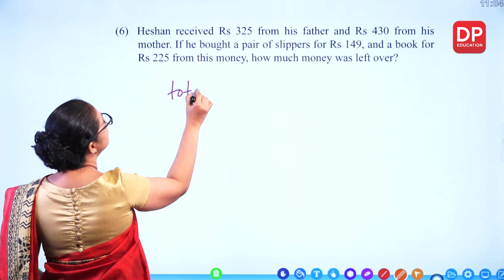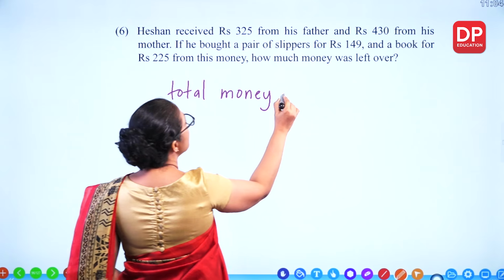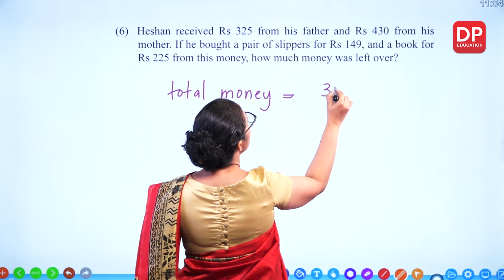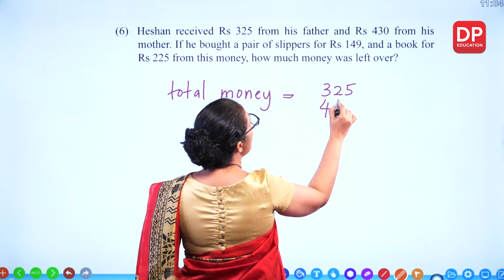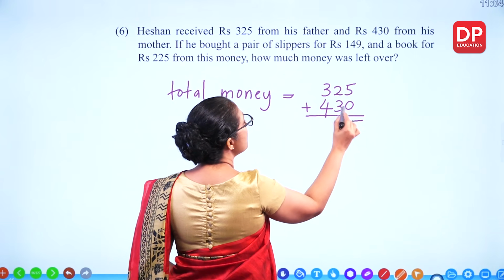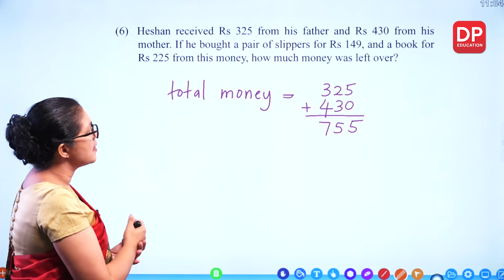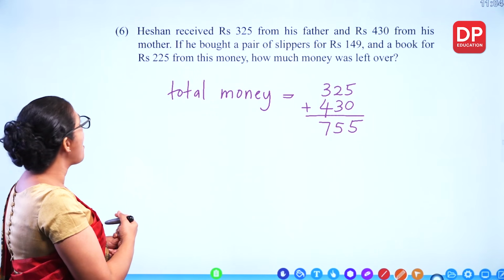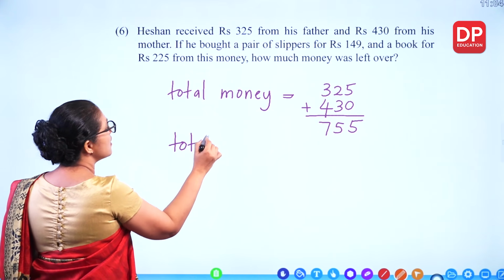You need to first add and get the total money. From father 325 and from his mother 430 rupees. That's the total. 5, 5 and 7. 755 rupees are there. So he bought a pair of slippers and a book. So what's the total cost?